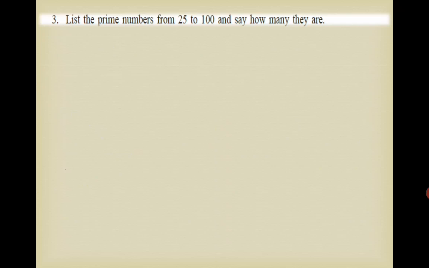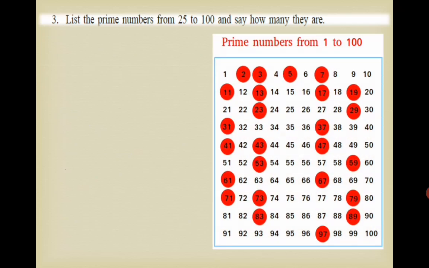List the prime numbers from 25 to 100 and say how many they are. So this is the list from 1 to 100. You have to find all the numbers from 25 to 100. Red marked. Now since I gave you this list, I am giving you a little time to think and find out how many they are.